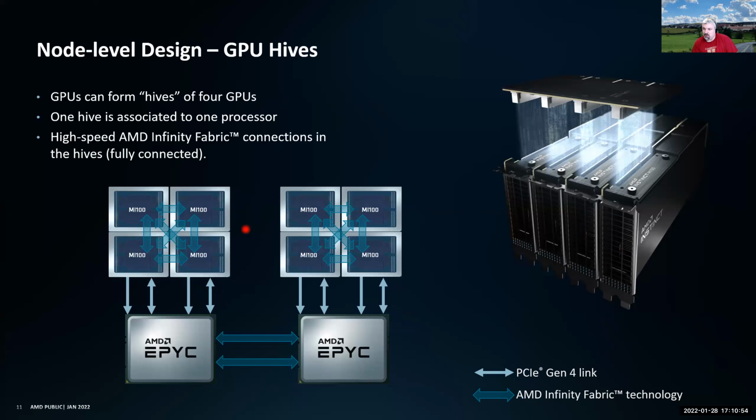And now this block of 4 GPUs can form what AMD calls a hive. This is a tightly coupled, fully connected cluster of GPUs, where the Infinity Fabric links that I already talked about connect each of the GPUs to each other, so that this block of 4 GPUs can talk to each other quite efficiently. And we can replicate that on the other CPU socket as well.